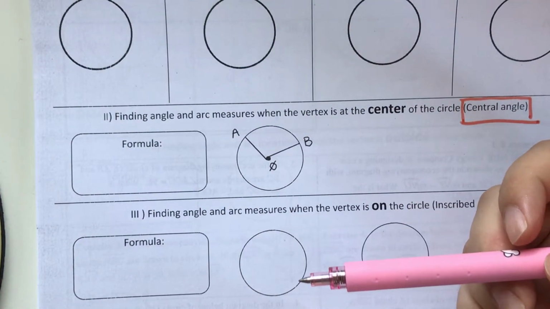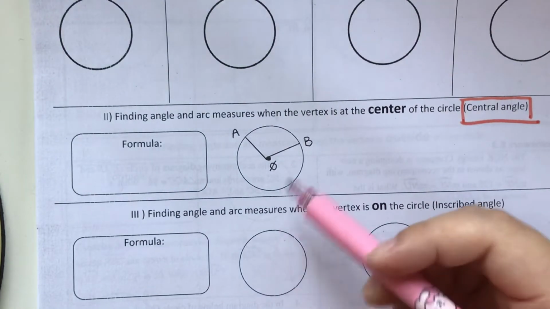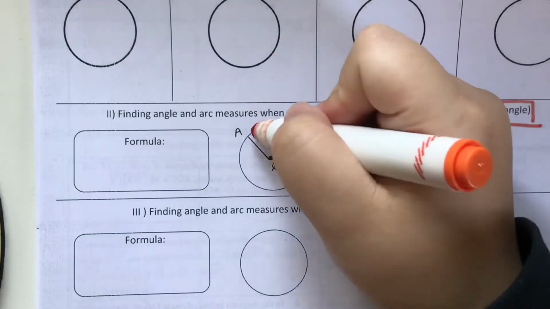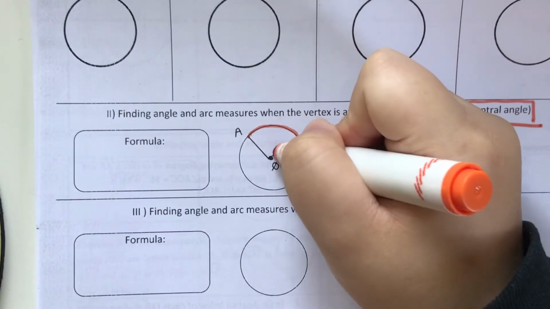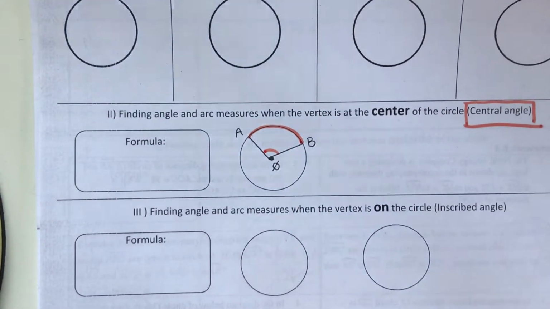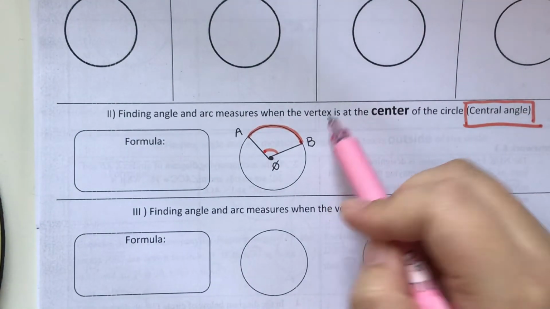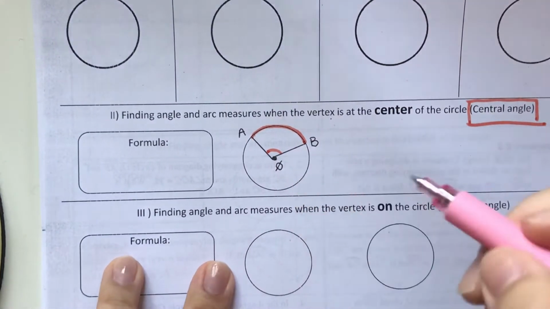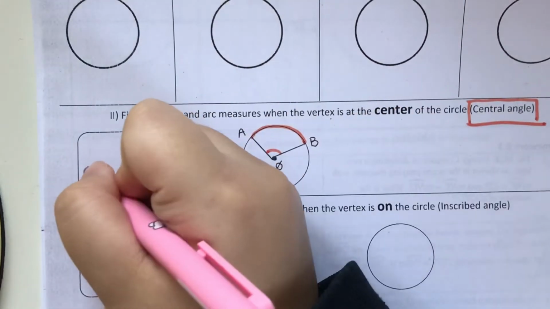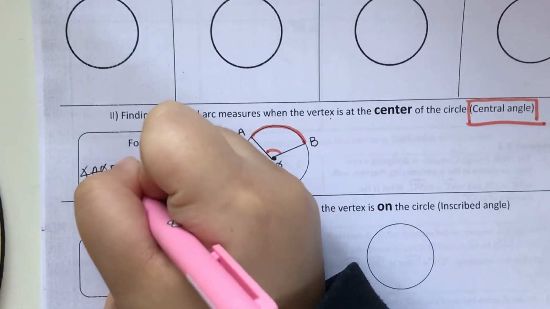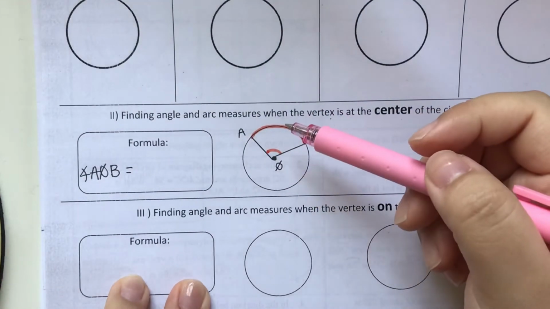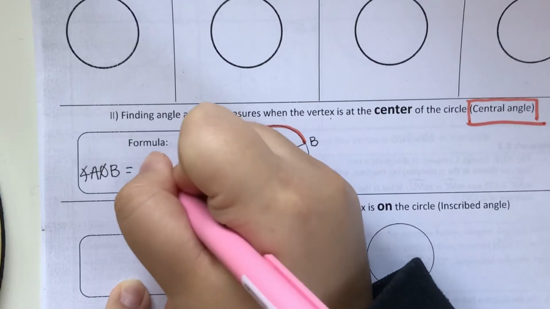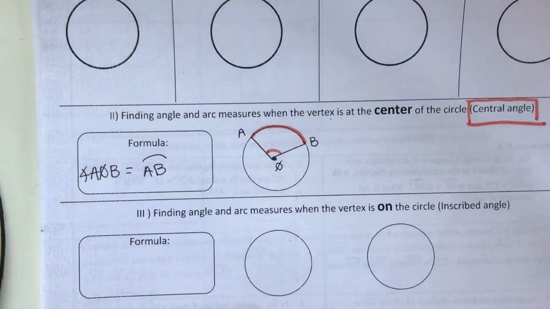So what do we think the relationship is between angle AOB and arc AB? Again, I'm going to highlight everything for you guys. So that means when the vertex is at the center of the circle, we call this the central angle. Angle AOB is going to have the same measurement as arc AB, and that's the main focus of today's video.